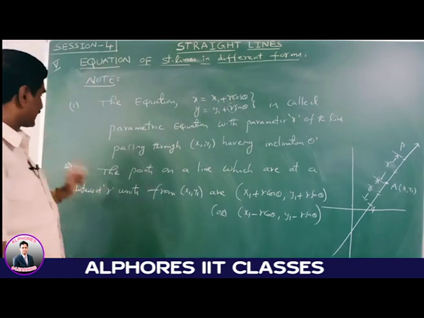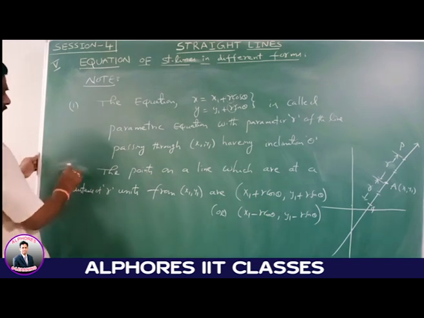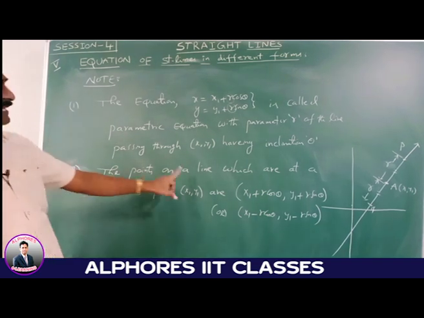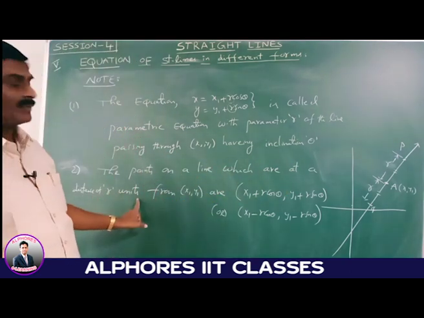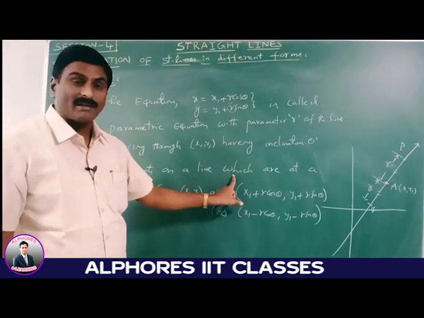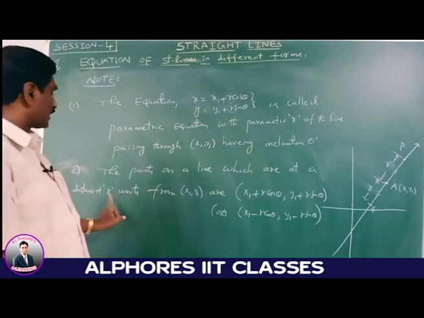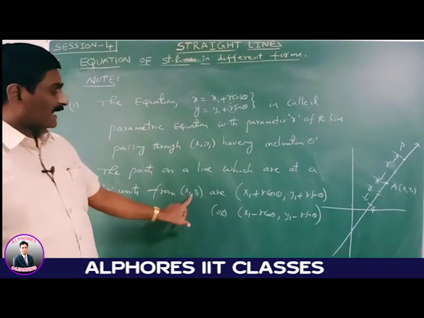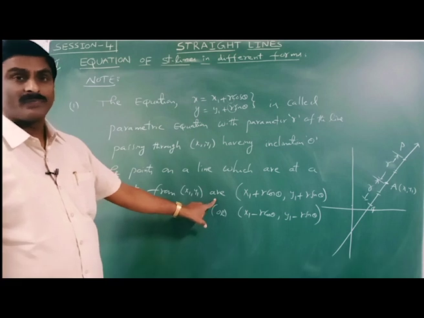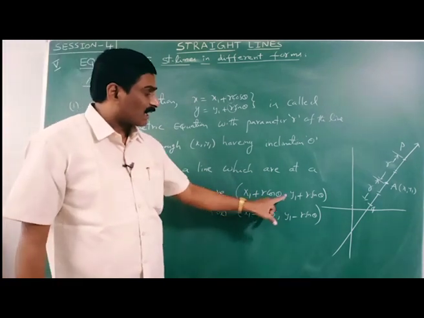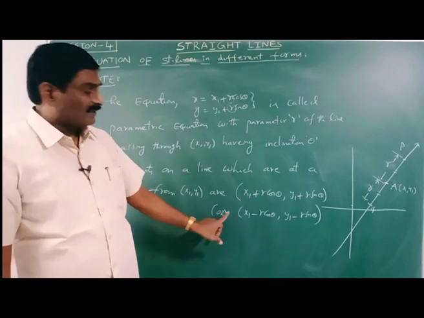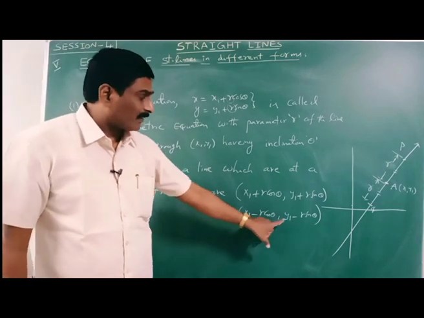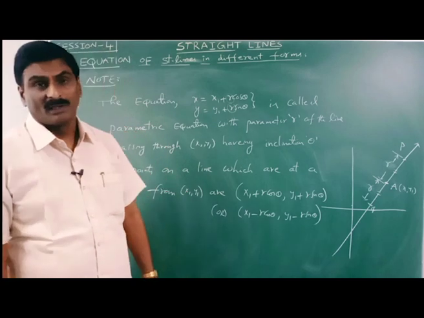Next, the second one. The points on the line which are at a distance of r units from the point (x1, y1) are (x1 plus r cos theta, y1 plus r sin theta) or (x1 minus r cos theta, y1 minus r sin theta). Please observe this.